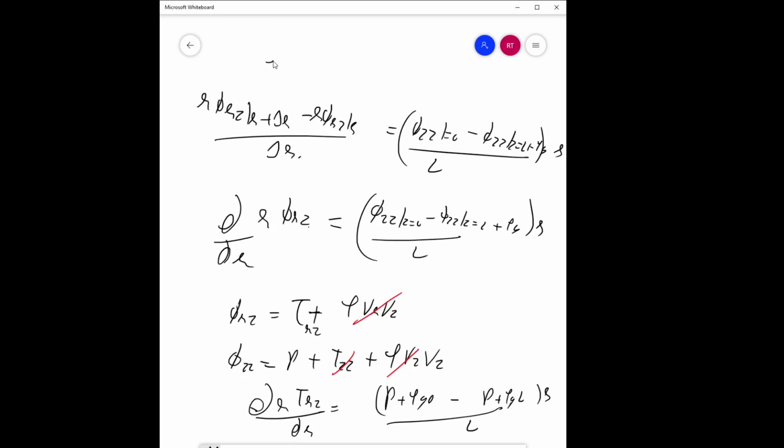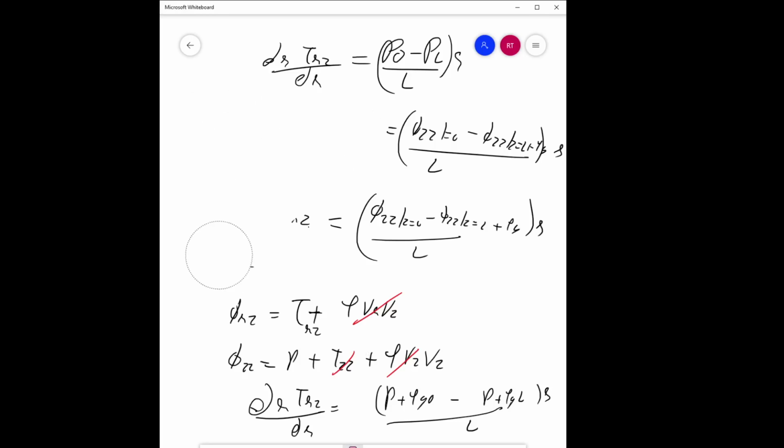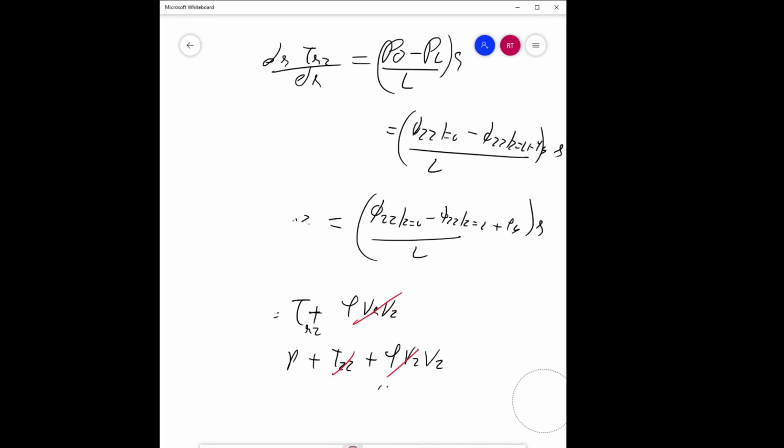Now this can be written as d(r tau_rz)/dr is just (P0 minus PL) by L, all into r. So this P0 term is just for simplification, where you take the pressure plus the gravitational term, so just added both.